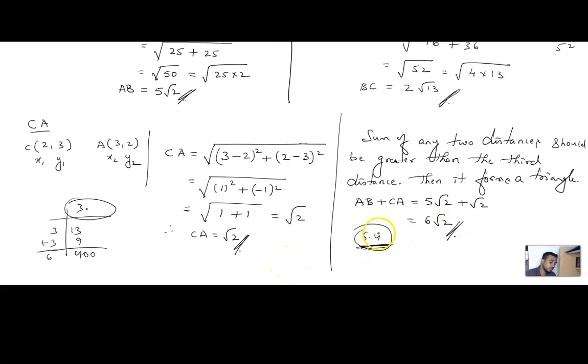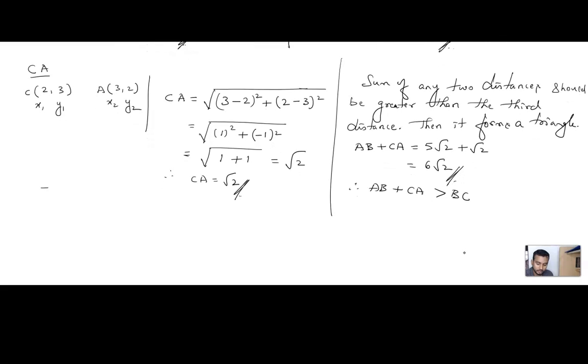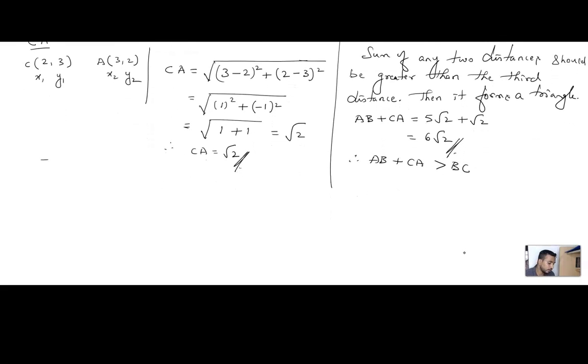It means that the sum of these two sides is greater than the third side. So we can say that AB plus CA is greater than BC. It is greater than BC. Are you getting it, children?